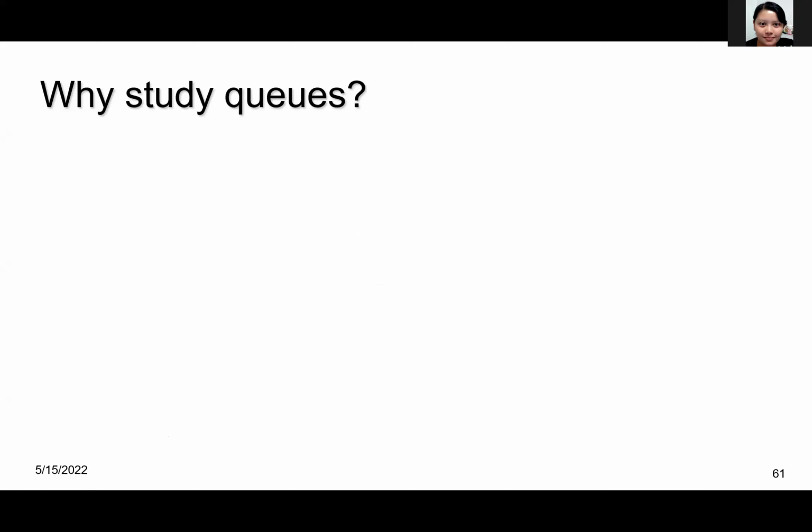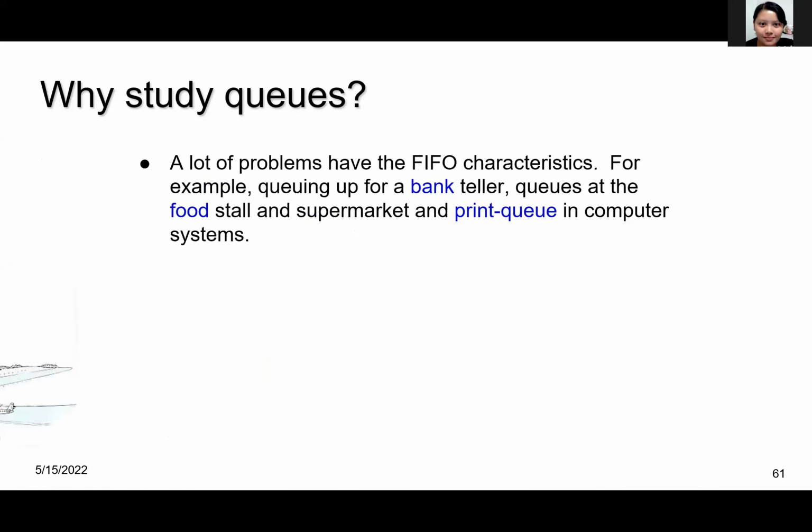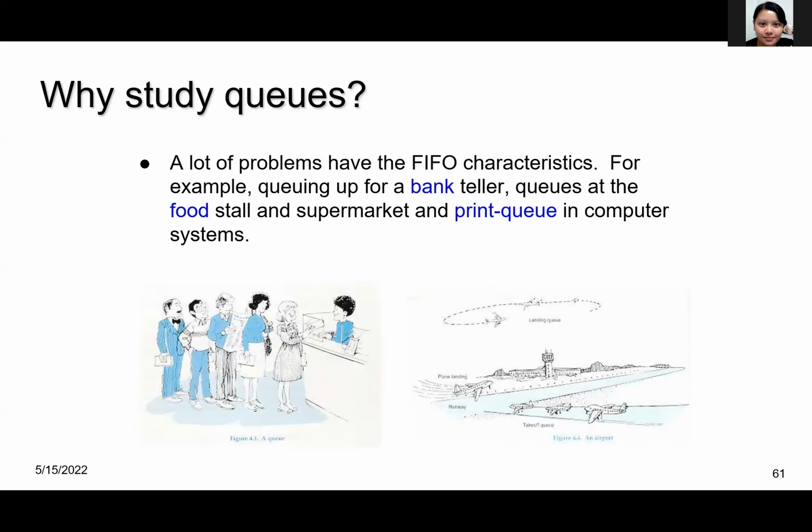Now why do we want to use queue? Or why do we want to study queue? Because there are a lot of problems that have this first in, first out characteristic. For example, queuing up when you are going to the bank, or when you queue up to buy food, or you want to pay in the supermarket. Or even in terms of computers, the print queue, especially if you are using a network printer, where everyone is sharing the same printer.